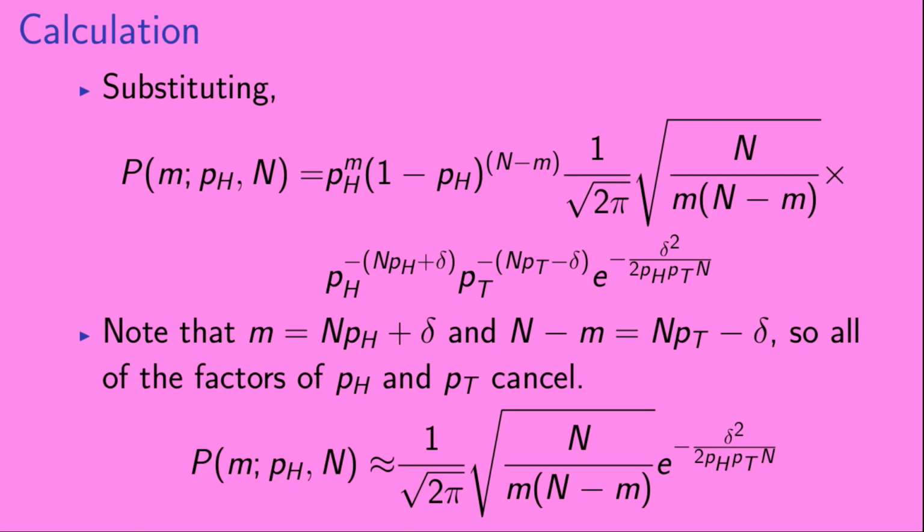But note that m equals n pH plus delta, and n minus m equals n pT minus delta, so all of the factors of pH and pT cancel, and we get that P of m, given pH and n, is approximately equal to 1 over the square root of 2 pi times the square root of n over m (n−m), times e to the minus delta squared over 2 pH pT n.